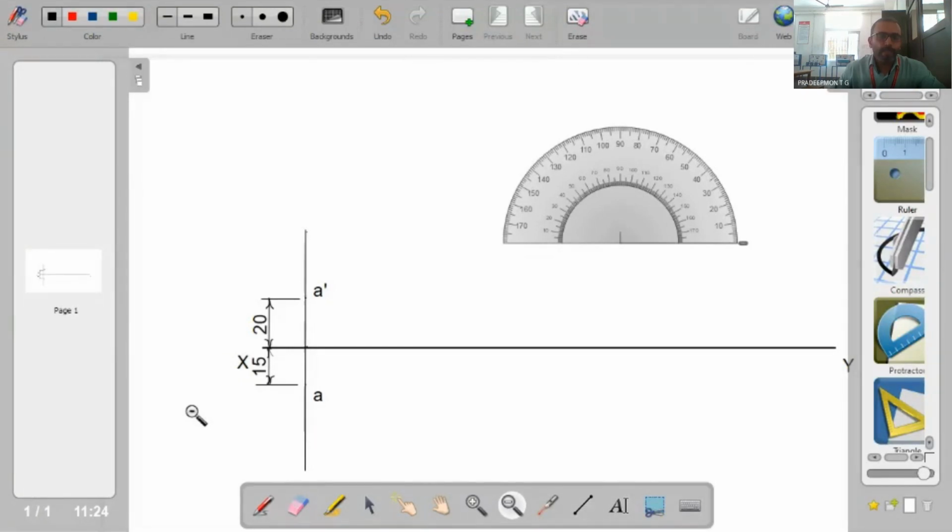If the point is below the HP, the front view will be below the XY line. If the point is in front of VP, the top view will be below the XY line. If the point is behind the VP, the top view will be above the XY line. So that is the way it goes. Now you can draw it. I am moving on to the previous slide itself.